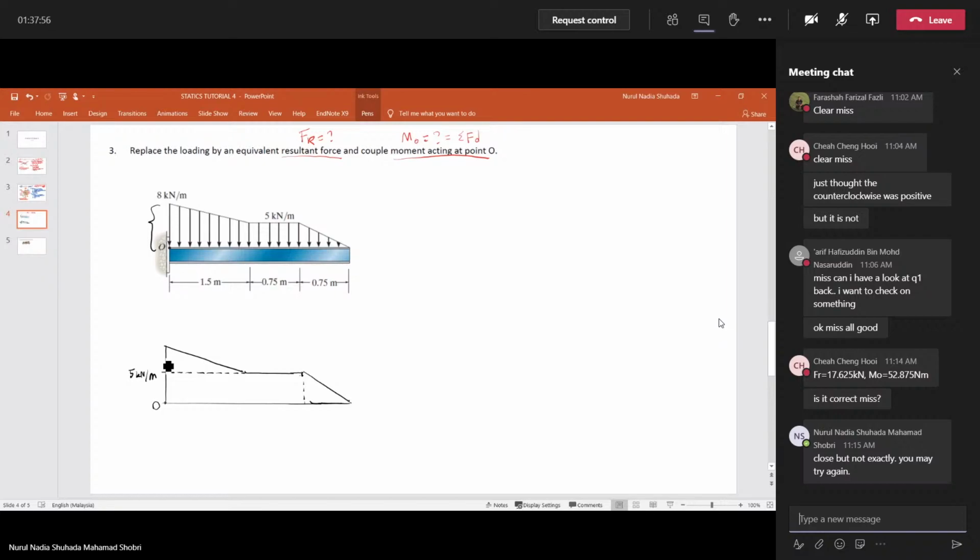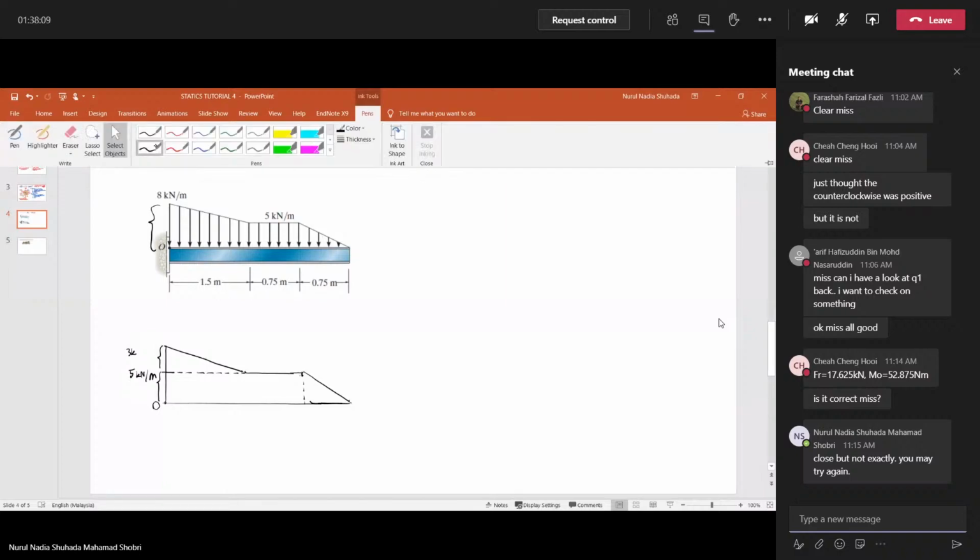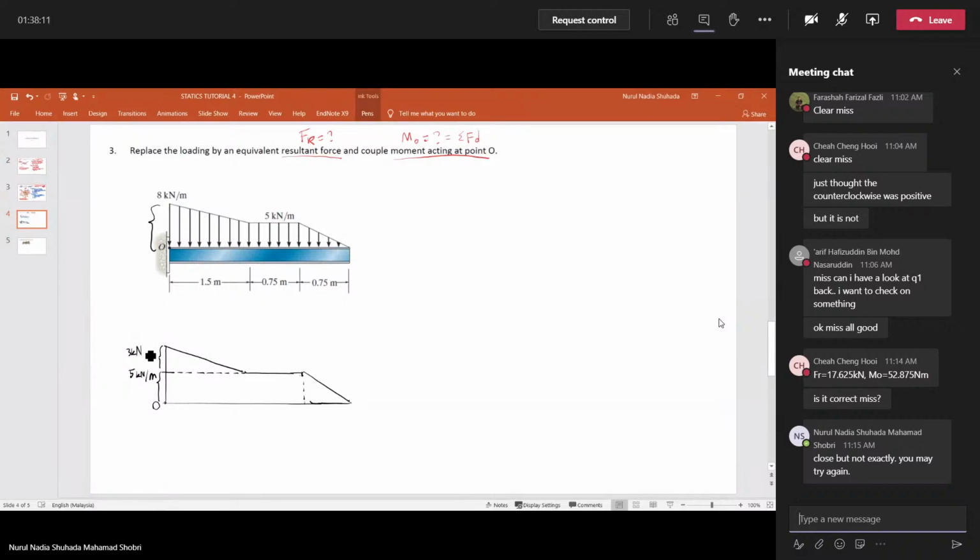So this should be, so this is 5 and this should be 3 kilonewton per meter. Okay. And then you guys have distance here 1.5 meter, here till here 0.75 meter, and here is 0.75 meter.